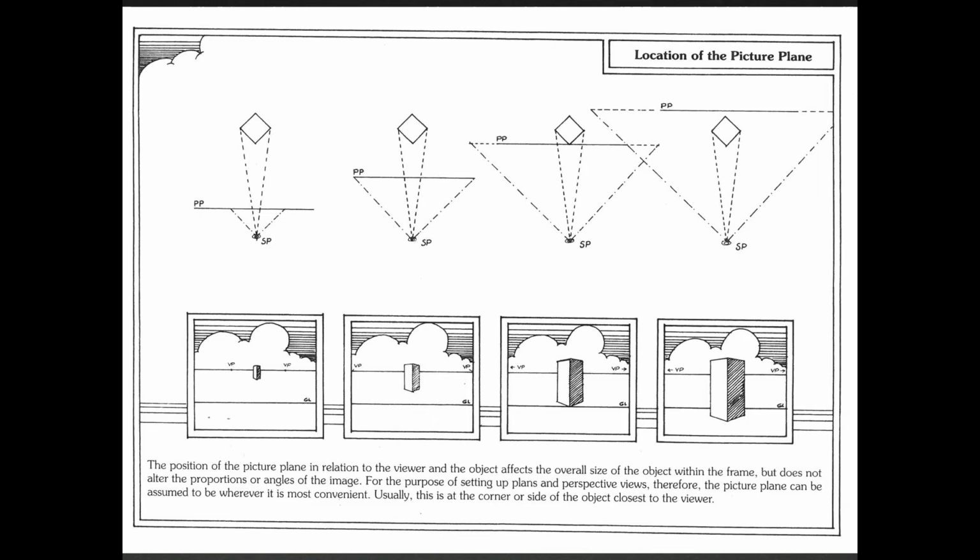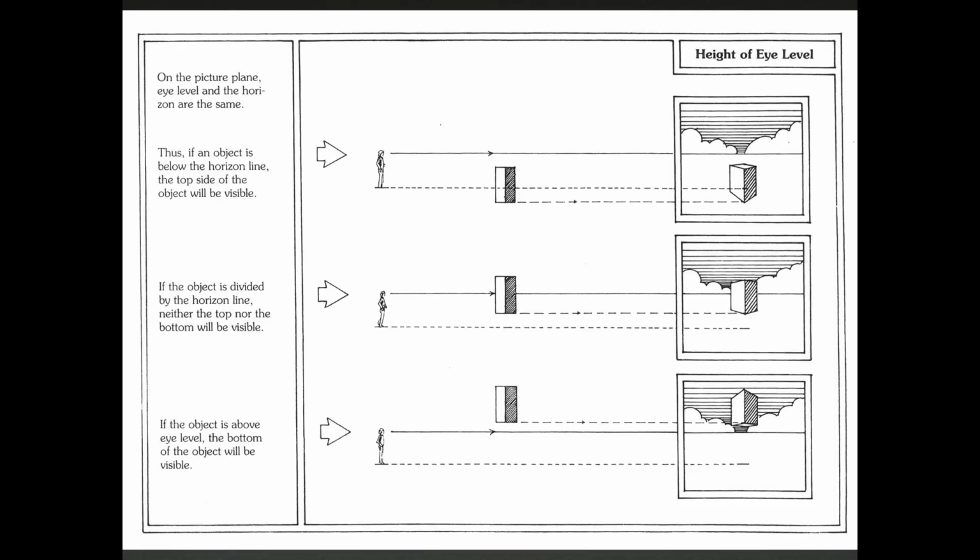So that sheet of glass that we're talking about, as it gets closer and closer to the object, then the representation of that object becomes progressively larger.